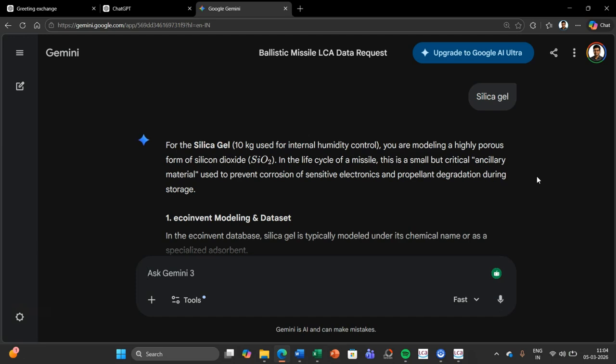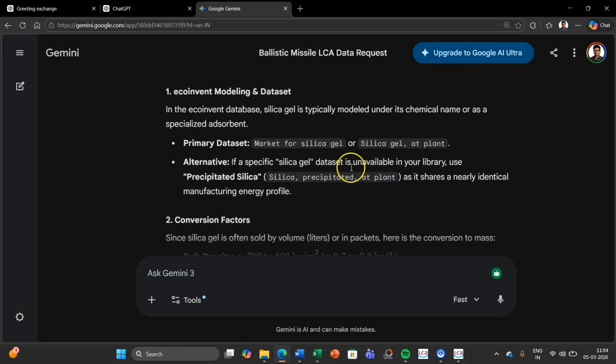For this exercise's sake, I am using completely the AI, so you should understand the difference. Silica gel is a highly porous form of silicon dioxide.